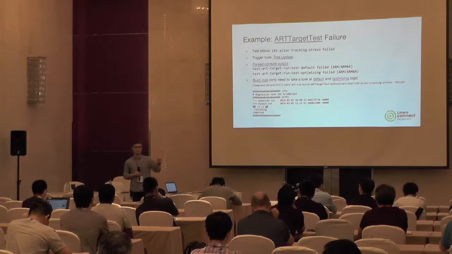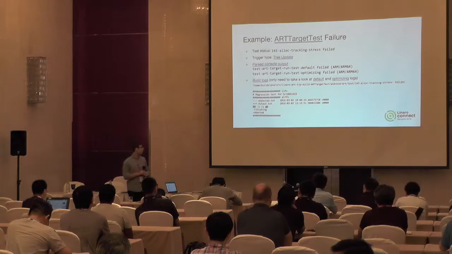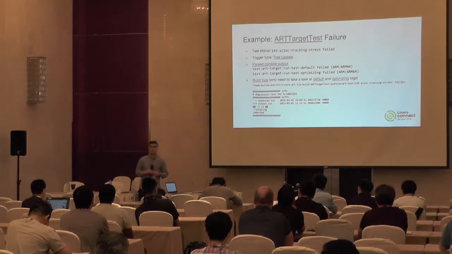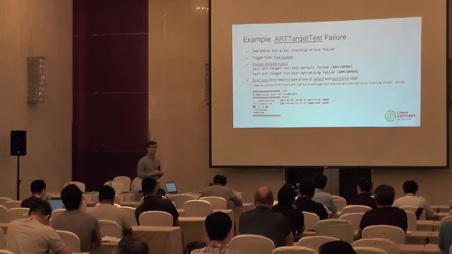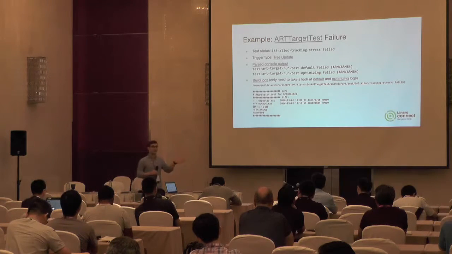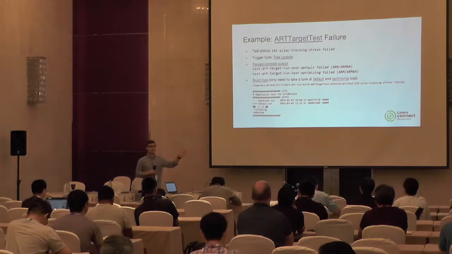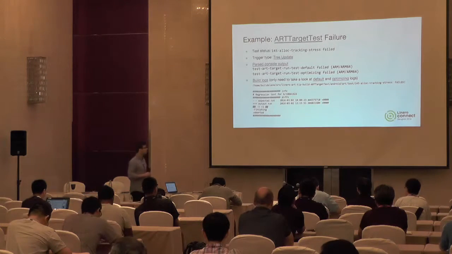So it's a neat way of quickly going through a very big log. If we take a look at the parsed console output, we can see that the optimizing and the default tests failed for both ARM and ARM64. So this tells us what build logs to look at. We only need to take a look at default and optimizing logs.